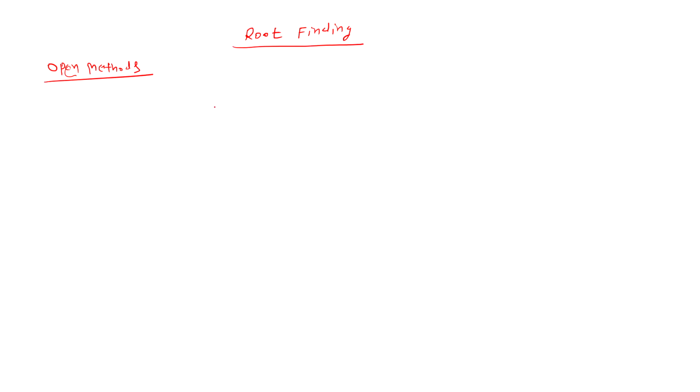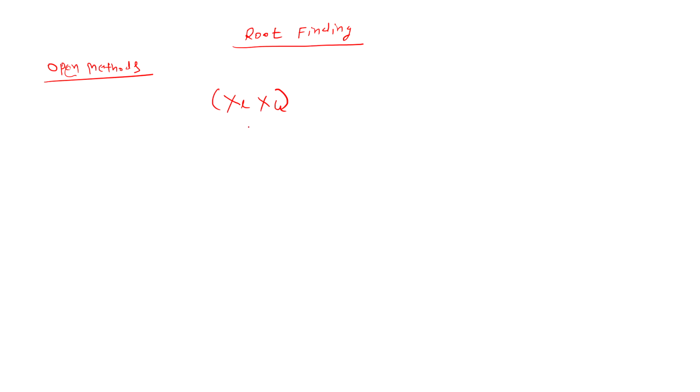In the bracketing method, the idea was that first we had to do bracketing in such a way that the function changes its sign between x lower and x upper. So the sign of the function evaluated at xl and the sign of the function evaluated at xu was opposite.